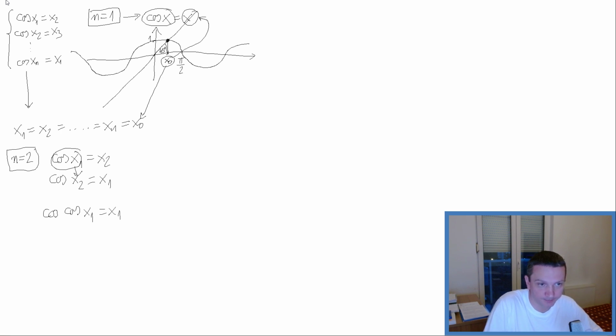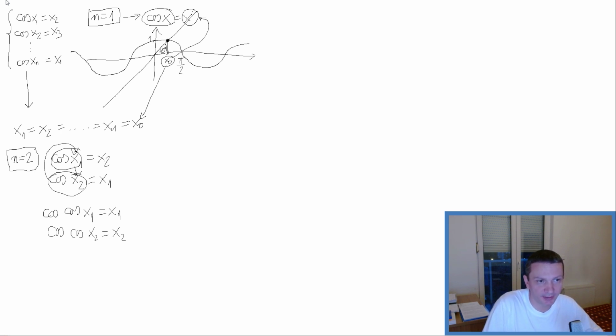And if we put this instead of x1 here, we obtain that cosine of cosine of x2 is equal to x2. So we actually see that x1 and x2 satisfy the same equation, so if the solution is unique, then x1 will be equal to x2.